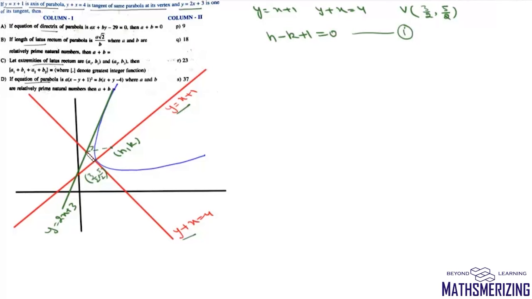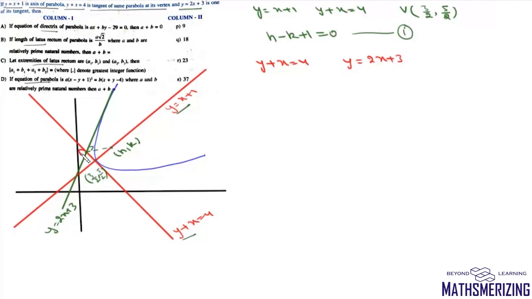So we'll first find this point of intersection, using the tangent at vertex, y plus x equals 4, and this tangent, y equals 2x plus 3. We'll replace y with 4 minus x and get x as 1 by 3.